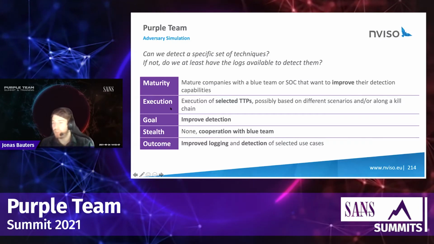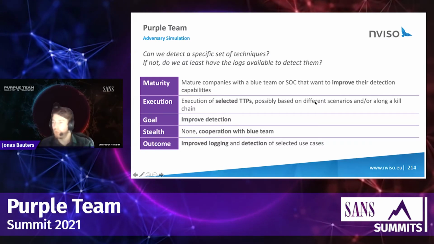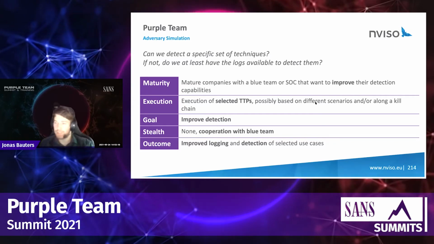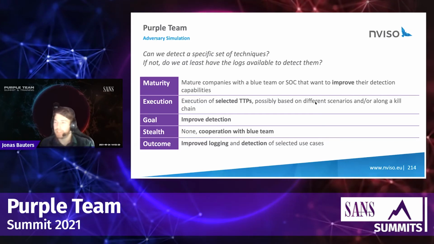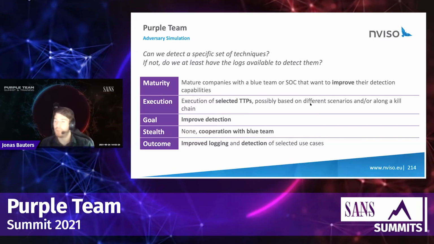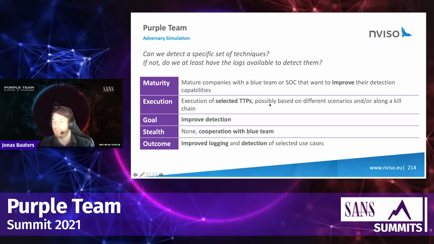So for execution, you will select a number of techniques to test. You could base this on different scenarios as well, or along a kill chain. You could test a number of initial foothold techniques, a number of network propagation techniques, and a number of techniques aimed at accessing your crown jewels. So that's definitely possible.